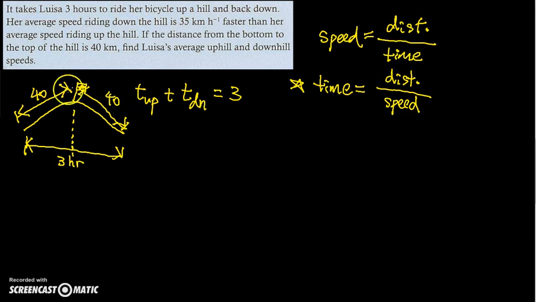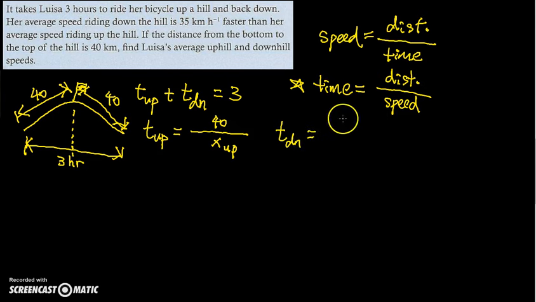So 40 going up, 40 coming down. My t up is equal to the distance, 40, divided by the speed going up. We don't know the speed going up, so I'm going to put that as x up. Now my t down is the same thing: the distance is still 40, divided by the speed coming down.